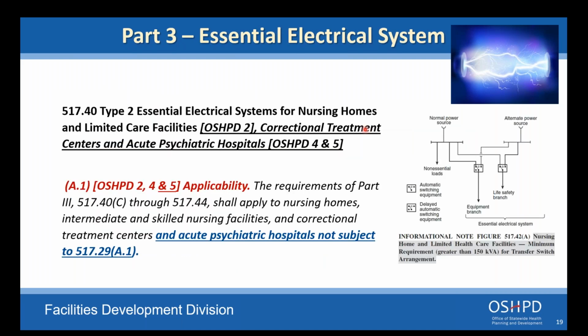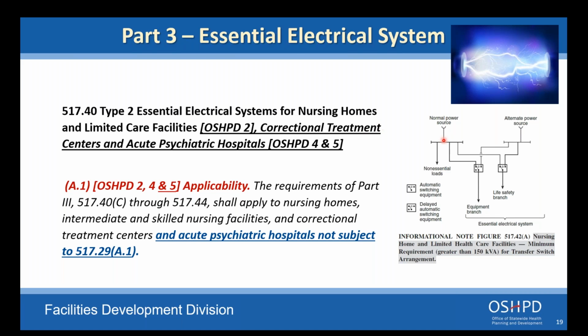Now we're going to talk about the type 2 essential electrical system used for nursing homes, limited care facilities, subacute, not subacute, but skilled nursing facilities, and acute psych hospitals without critical care or general care locations.